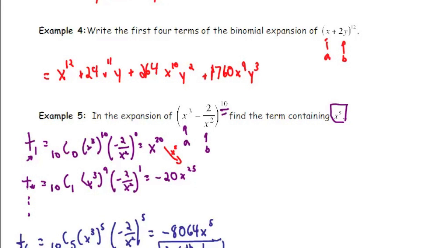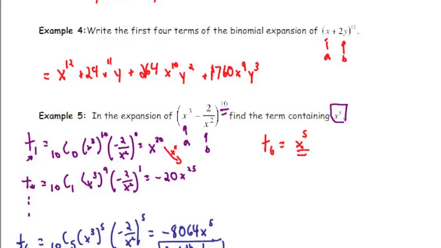But there's a simpler way of dealing with this if you understand the patterns that you see. If you take a look at term 1 and term 2, you'll notice that the power decreased by 5, which means that that pattern should continue through term 3, 4, 5, and 6.